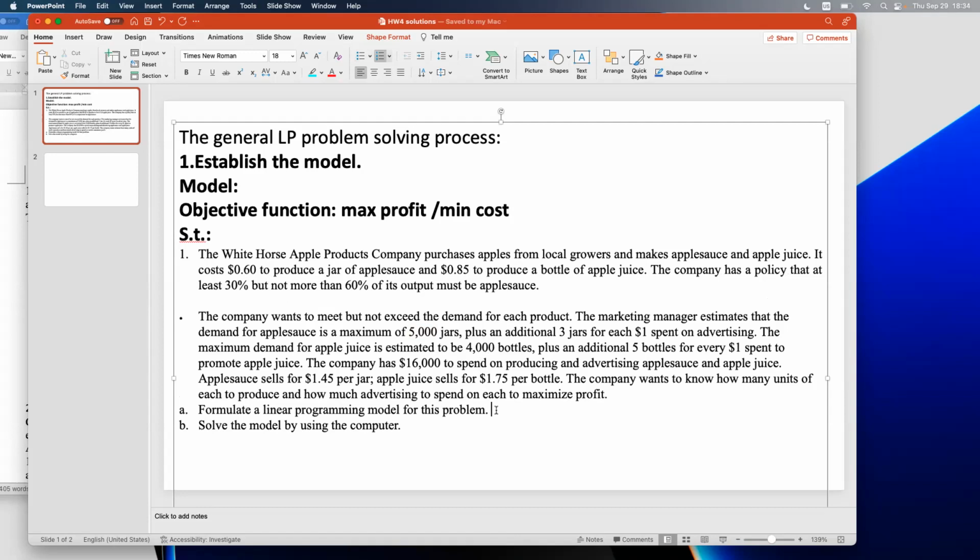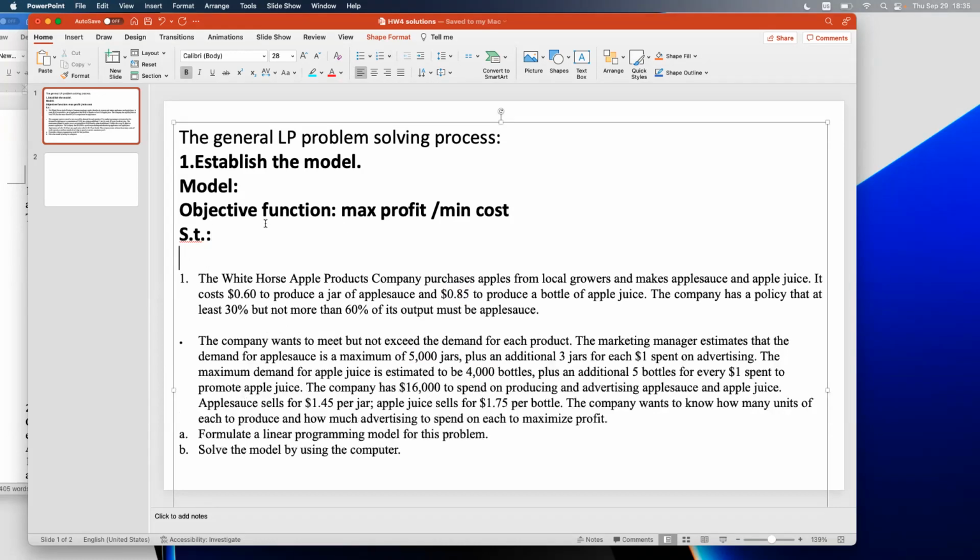But here is one small tip for you to more effectively determine which value should belong to the objective function and which value belongs to the constraints.